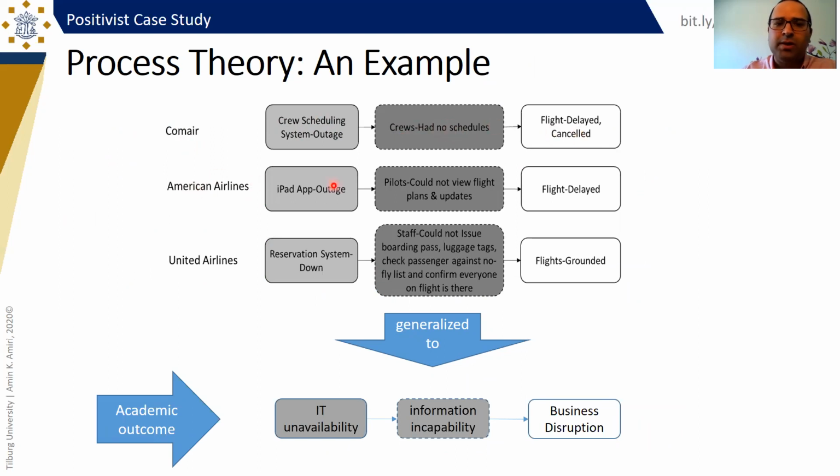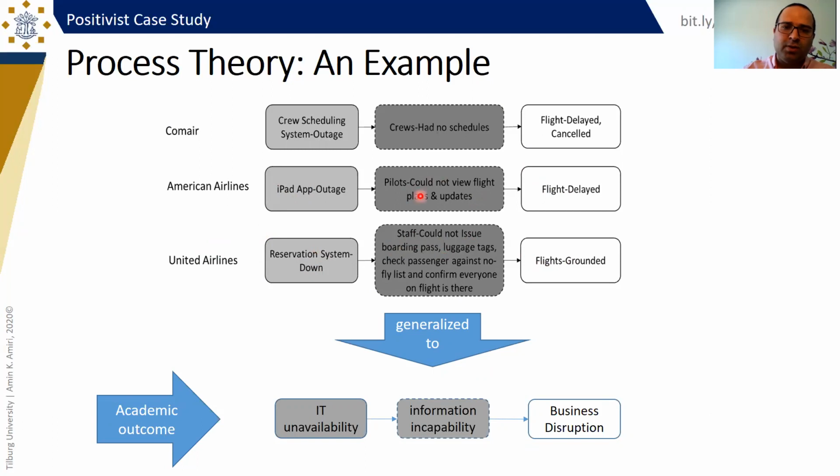In American Airlines, there was an outage, a problem with the iPad app that pilots would use. Then pilots could not see the flight delay. In the case of United Airlines, the reservation system went down. As a result, the check-in clerks could not issue boarding passes, flights grounded.